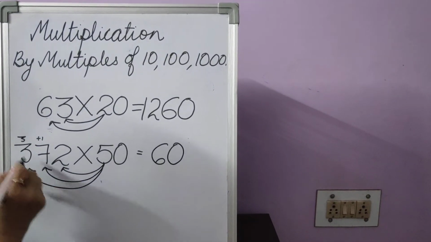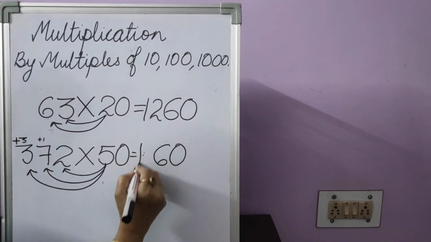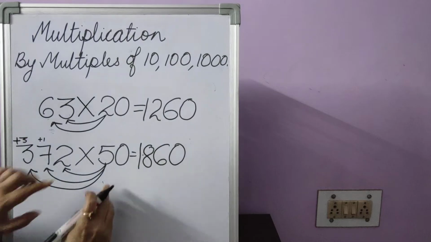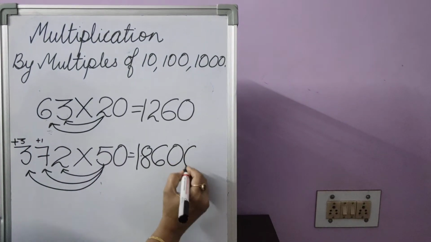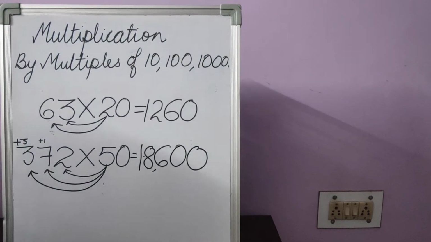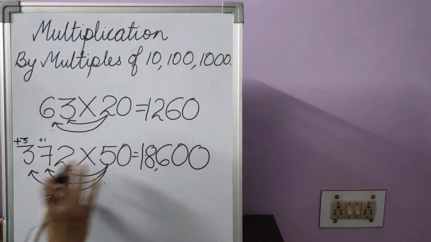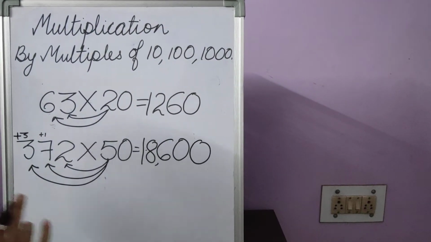Now 5 3s are 15 plus 3, that is 18. And you remember the 0 that we have left, we are going to take it and put it after this. So your answer is 18,600.